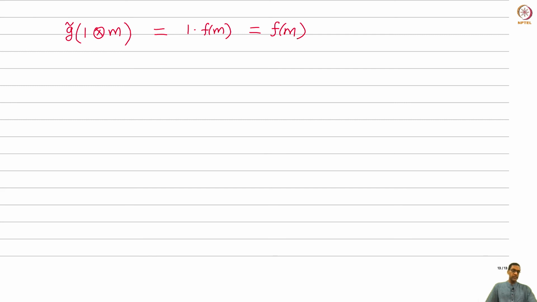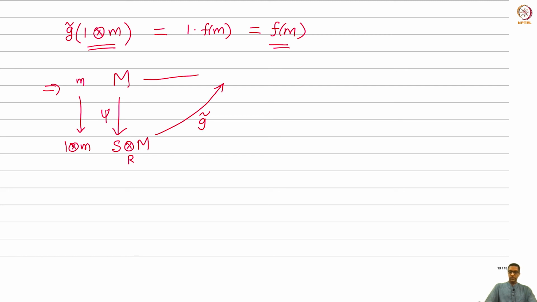Okay, good. So G tilde is really the map that we want. Because G tilde certainly has the correct property that when it acts on 1 tensor M, it gives me F of M, which means I can now form a different diagram if you wish. So I have M and I look at my map psi, M going to 1 tensor M. I have argued that there exists a map G tilde to N, with F. Okay, so observe G tilde certainly makes this diagram commute.